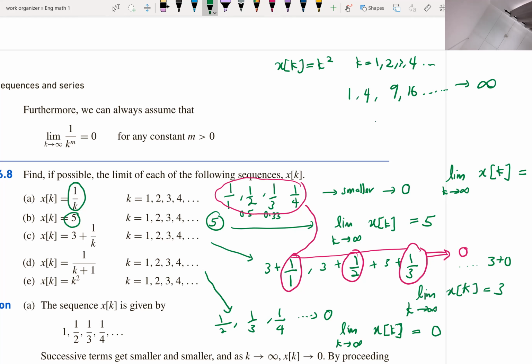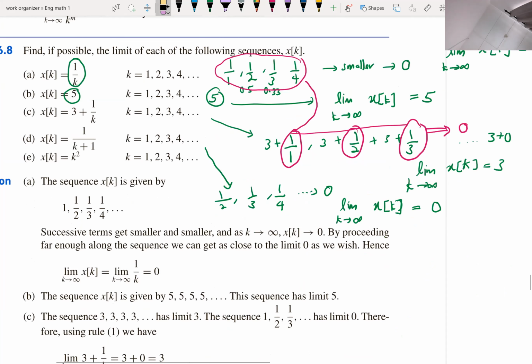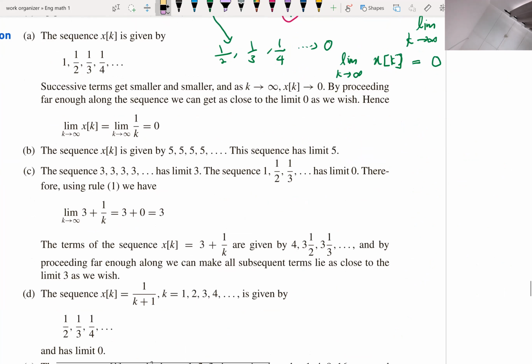But here we cannot say that the limit is equal to infinity. Let us have a look at the answer.